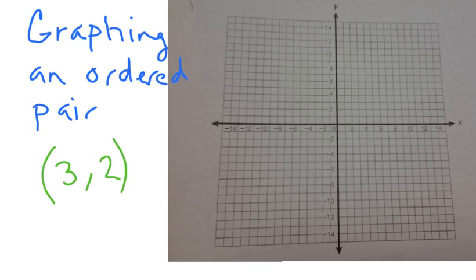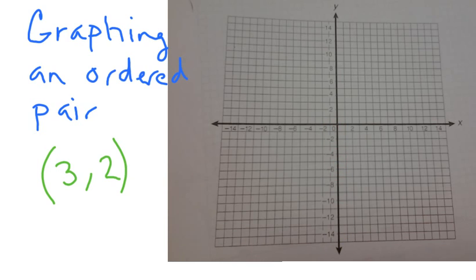So, to graph the point 3, 2, I'm going to start at the origin, which is 0, 0. And I'm going to move 3 in a positive direction because over here, if I go this way, I'm moving positive. If I go this way, I'm moving negative. Same thing works with the vertical axis. Positive is up and negative is down.